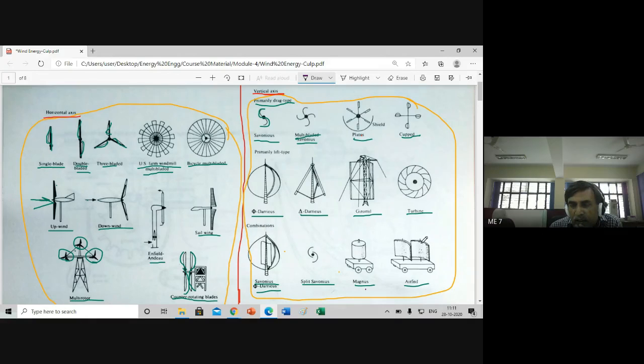The airfoil you see here, if we enlarge this, I will show you that airfoil.